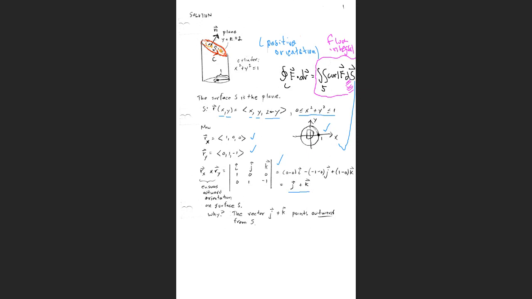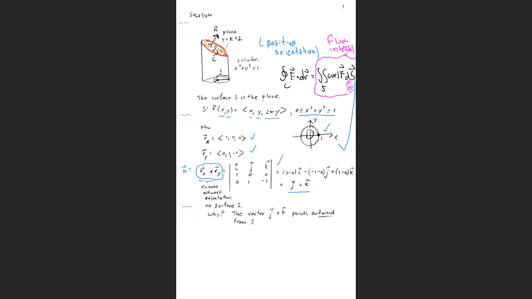Remember, what does that cross product vector give you? It gives you the normal vector to the surface.